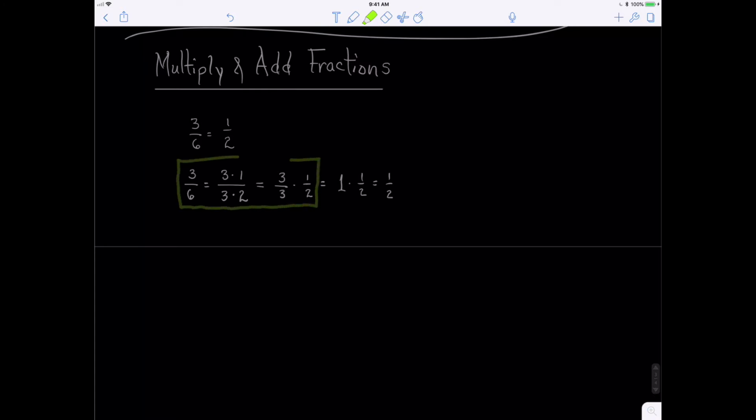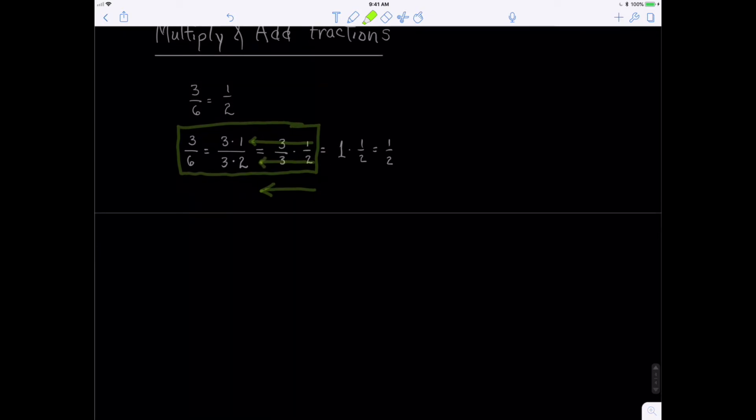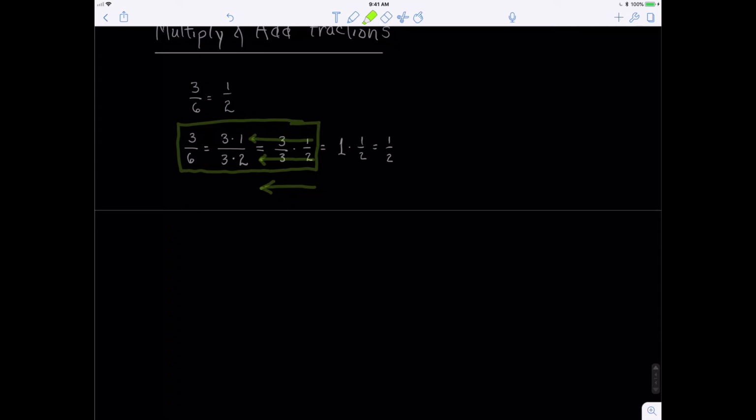If you were to work this problem this time from the right side and go left, there's your answer. The answer is this, that you multiply straight across the numerator and you multiply straight across the denominator. So let's try that. You might be thinking, wow, it was right under my nose all this time. But it's kind of subtle, and so that's why we're going to try a couple examples.